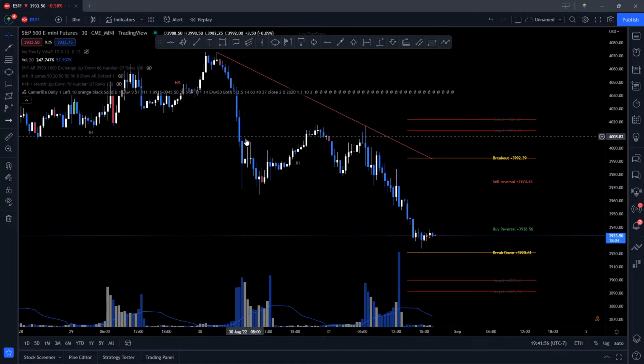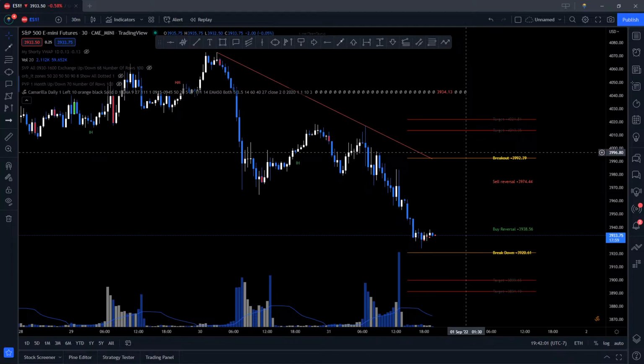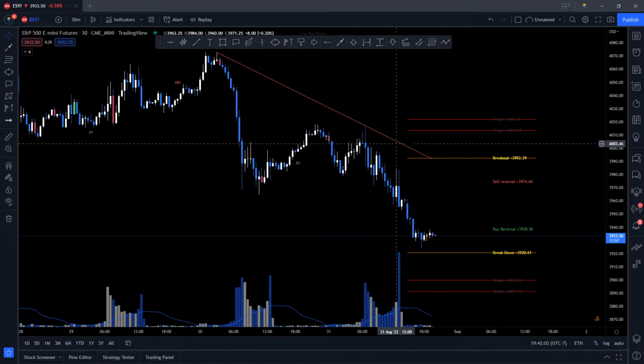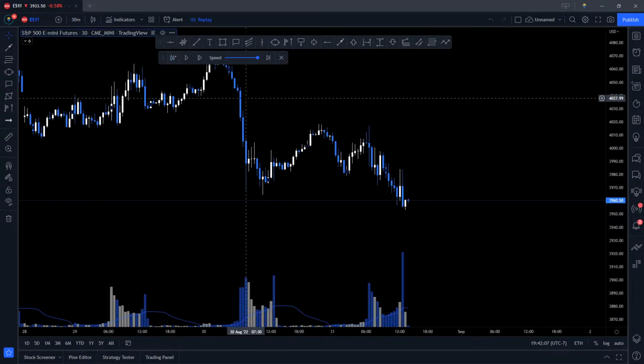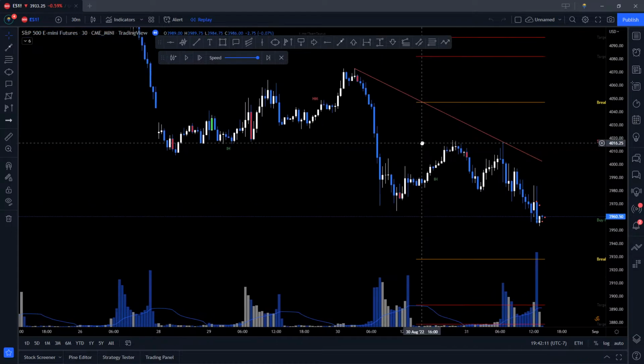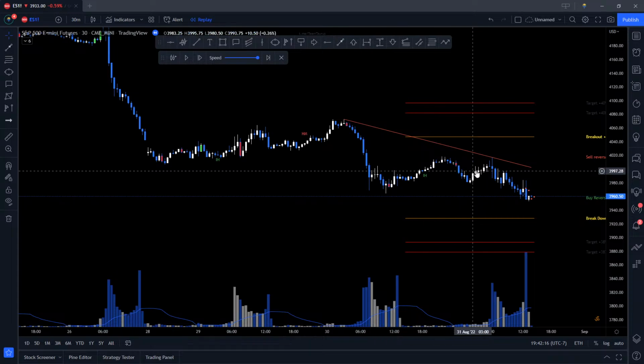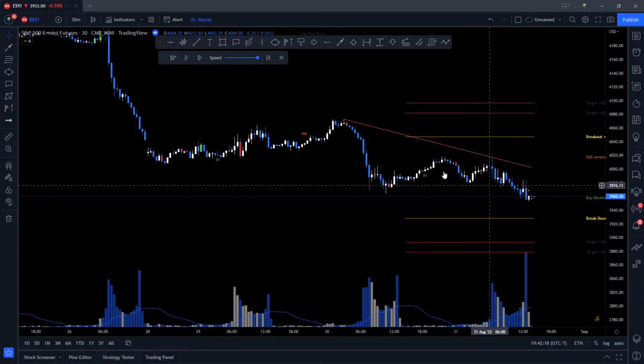As you can tell, I don't use it. I have an idea of how to use it, but basically I would have to use the replay feature to see today's. It goes based on the previous day. And basically it wouldn't have given us an entry.